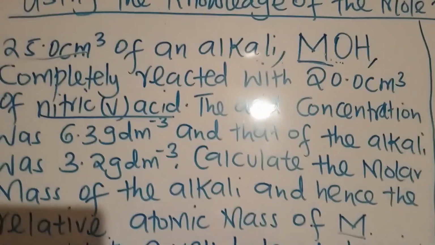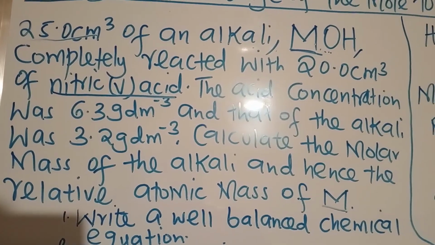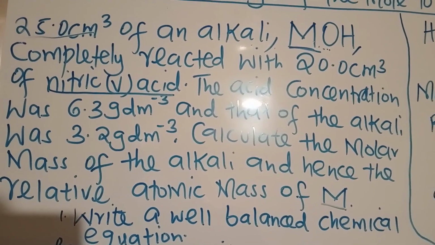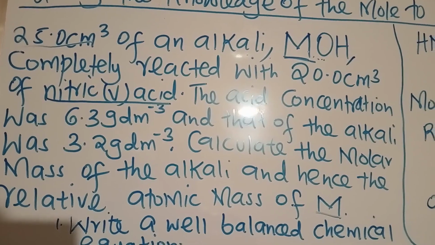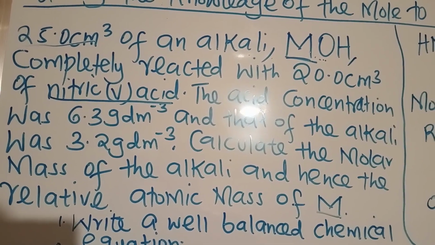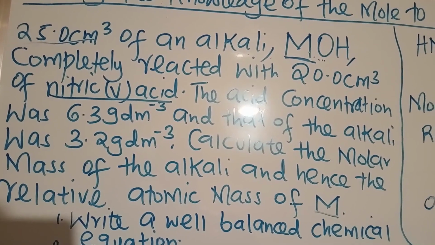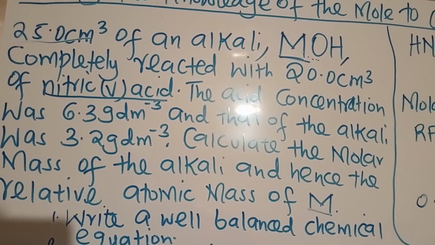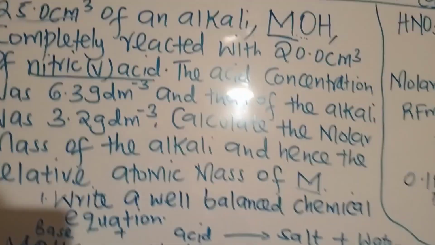The acid concentration was 6.3 gram per dm cubed or per liter, and that of the alkali was 32 gram per liter or per dm cubed. Calculate the molar mass, the R.F.M, the relative formula mass of the alkali, and hence the relative atomic mass of M.